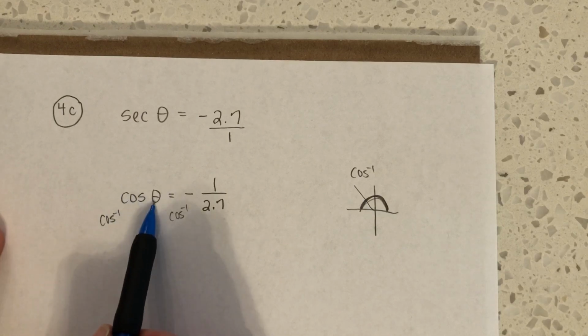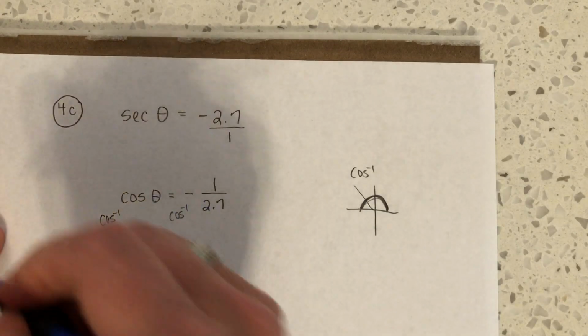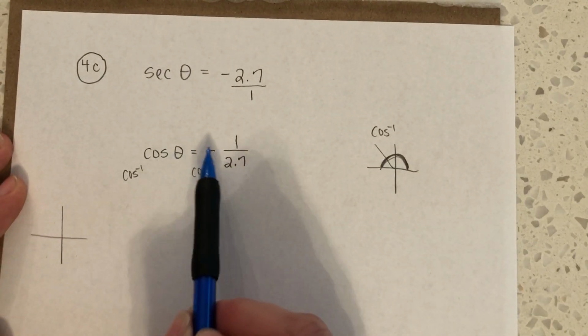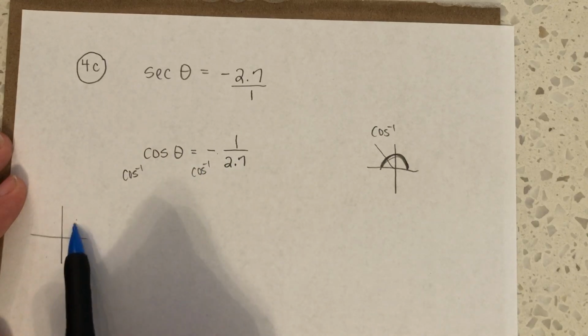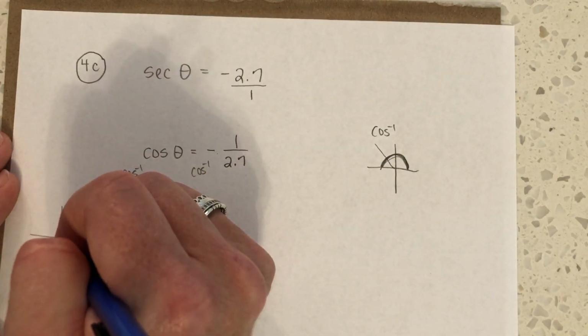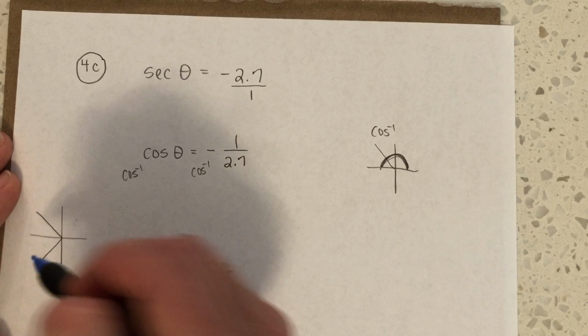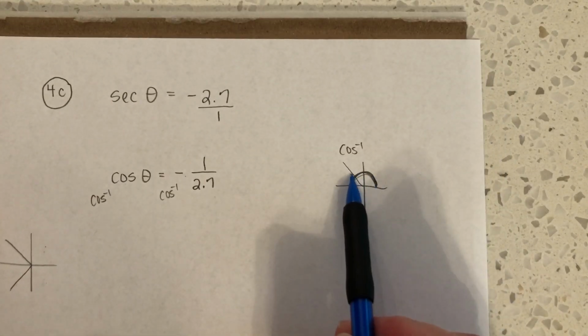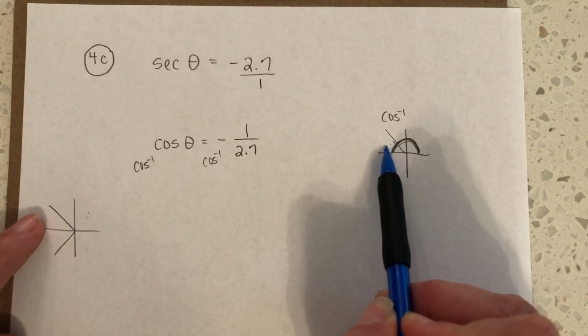The cosine of an angle would have equaled a negative ratio for angles in what two quadrants? All students take calculus. All calculus is where it's positive. That means there is a quadrant 2 angle and a quadrant 3 angle that are going to make this true. The inverse cosine is about to get us the quadrant 2 answer.